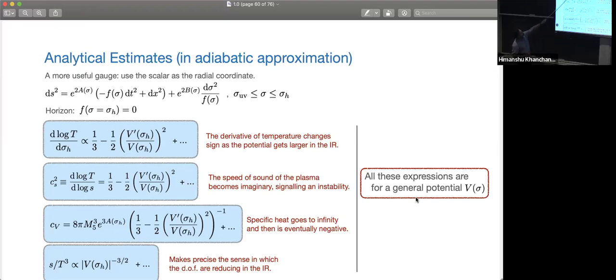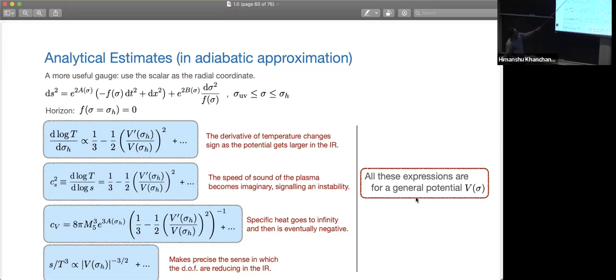It's better to work in a different coordinate system for this case, which makes life easier. That coordinate system chooses the radial direction to be the scalar itself, because the scalar is just changing in a nice way. So the location of the horizon is just the value of the scalar at the horizon, which is what sigma h refers to.